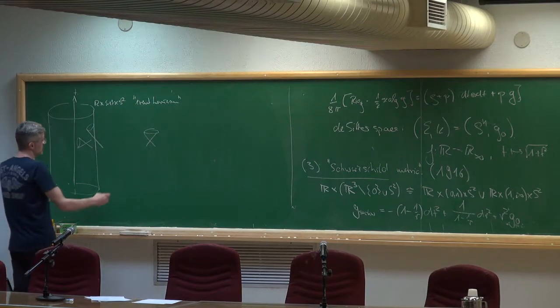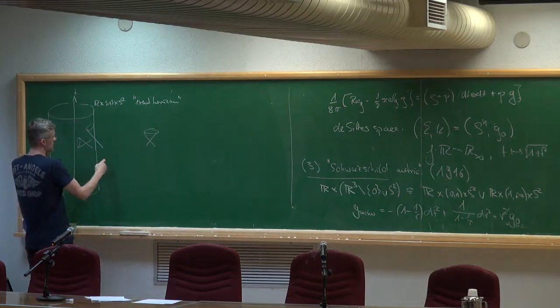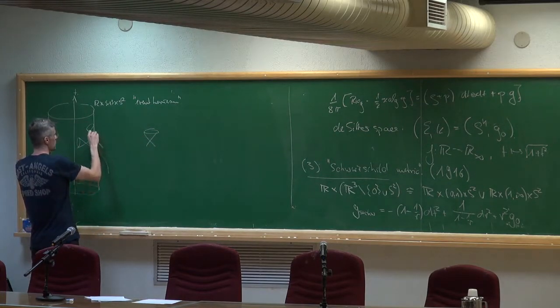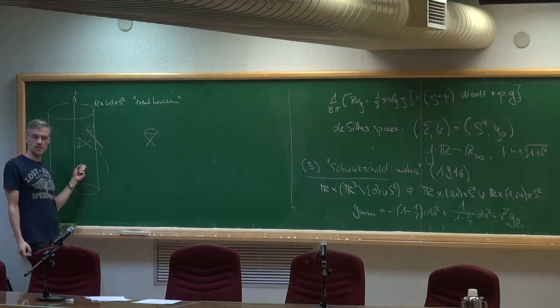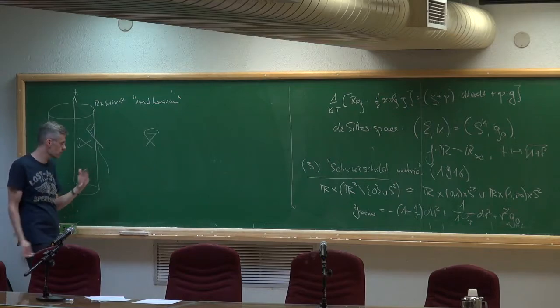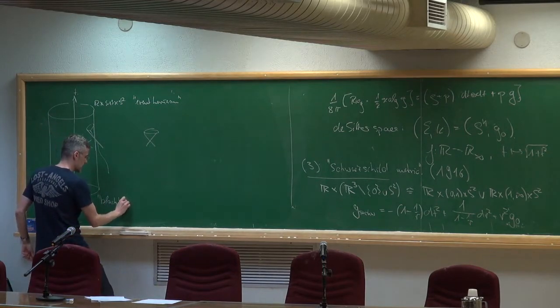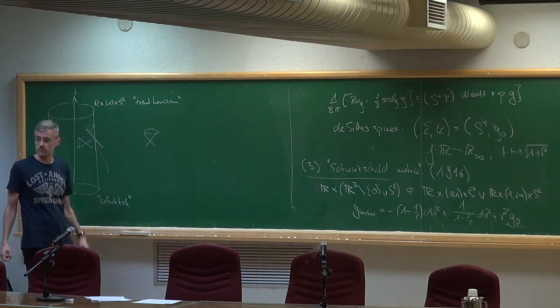But if you remember what I said before, the only allowed directions for particles to travel are the directions of the cones, which means that every particle that passes through here stays inside the cylinder and never gets back out. So everything that falls into the black hole never gets back out.